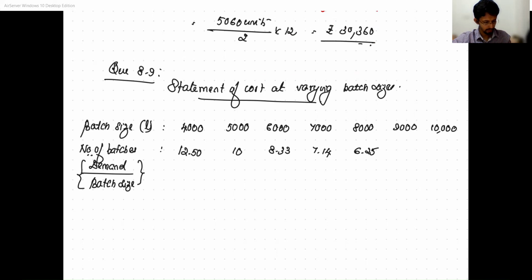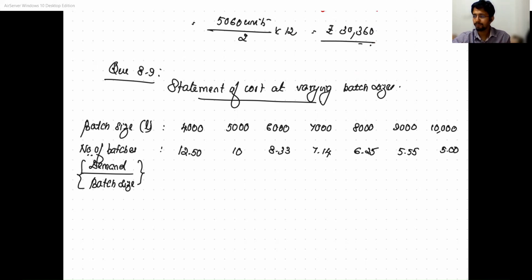Now 50,000 divided by 9,000, next is 5.56. Okay, this is the number of batches. Now there will be two types of cost: one is setup cost and the other one is holding cost. So you have to find out both, setup cost and the inventory carrying cost, and take the total of both. That will give you the total cost for each.